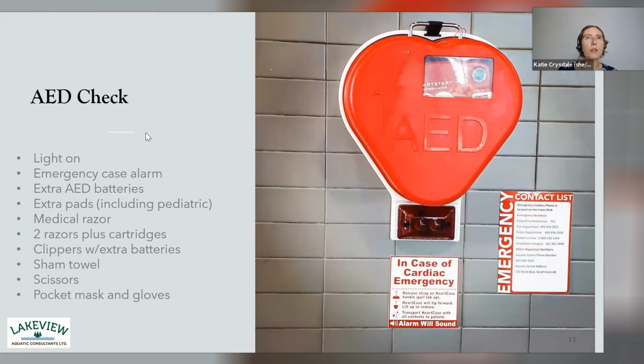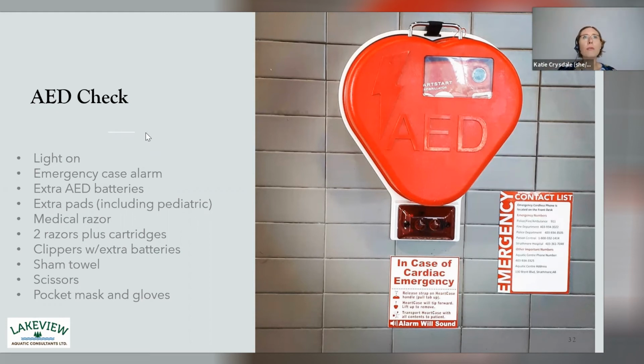A medical razor often comes with the AED. It's a little piece of cardboard with a slit and a piece of metal. The way the medical razor works is you're basically quickly raking, and the hair goes through the space, as opposed to a traditional razor that will be clogged very easily. You'd have to shave, rinse, shave, rinse.